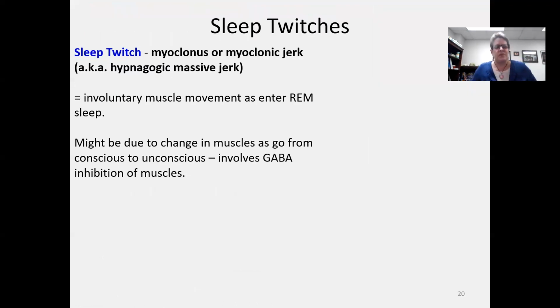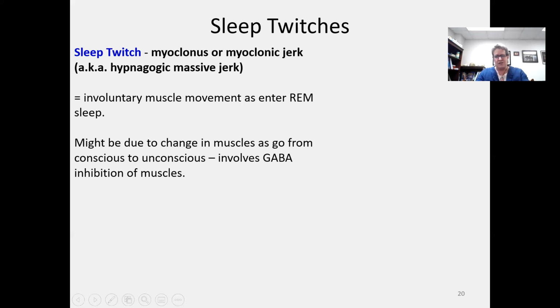So we've talked about this before when we've talked about the central nervous system, but sometimes when you're falling asleep, just before you get to REM sleep, some people will have a sudden involuntary muscle contraction, either in their arms or their feet, and that's called a myoclonus or a myoclonic jerk, but the full name is a hypnagogic massive jerk.